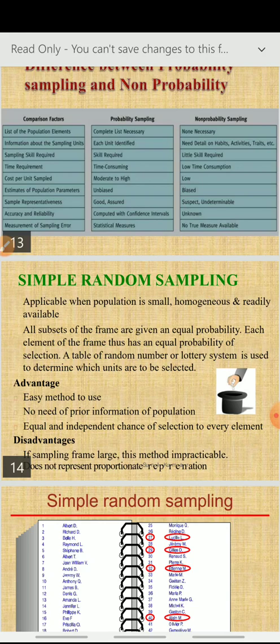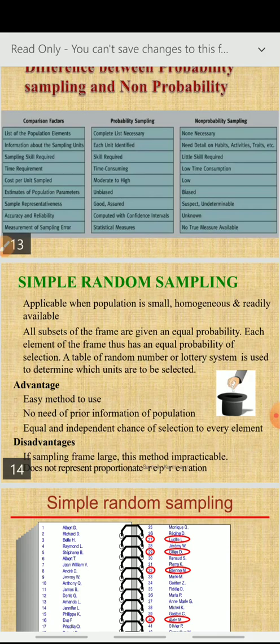Then, there is low time consumption in non-probability sampling, because it is very easy to collect the sample from your neighborhood stores, if you are doing research on retail stores.